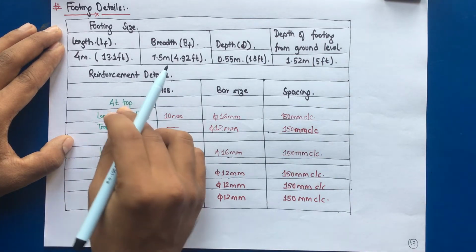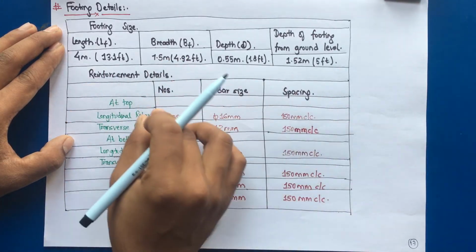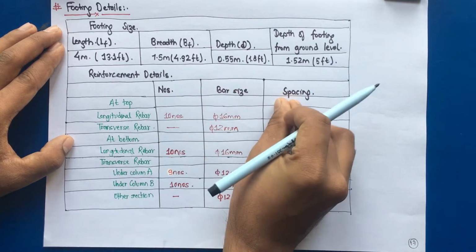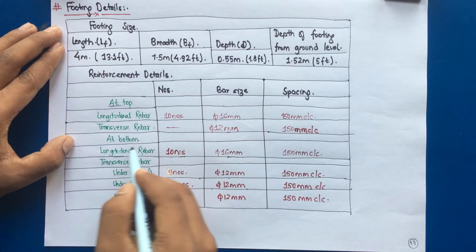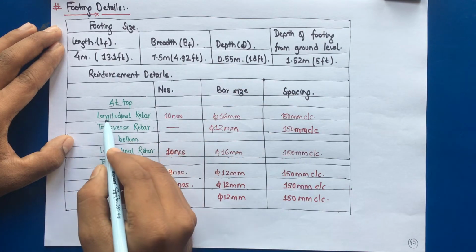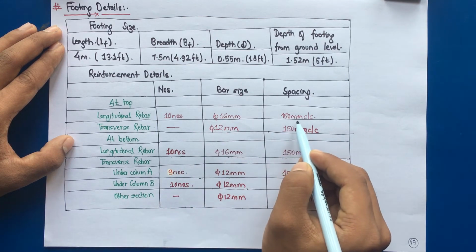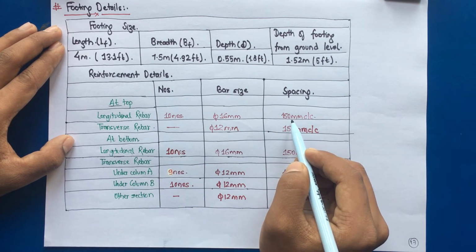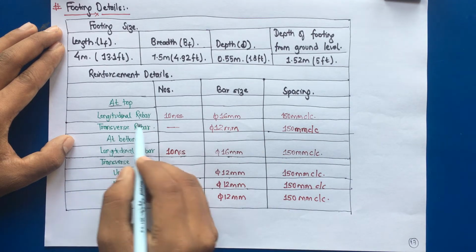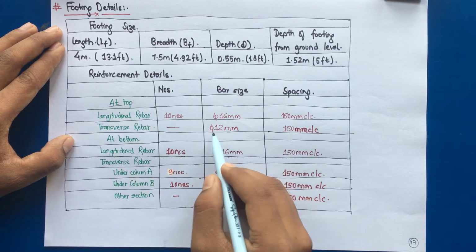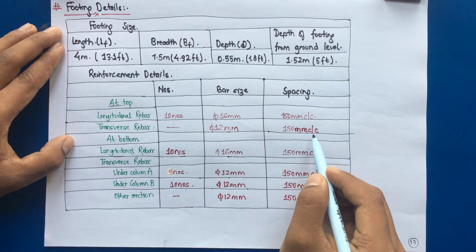Reinforcement details. Now I have represented the reinforcement details in terms of number, bar size and spacing. We have provided reinforcement at top and at bottom separately, and for top the longitudinal rebar was 10 numbers of 16 mm at 150 mm center to center spacing. Similarly, transverse rebar, we can say distribution rebar, as we have not provided separately, we will take the distribution reinforcement phi 12 mm at 150 mm center to center spacing.